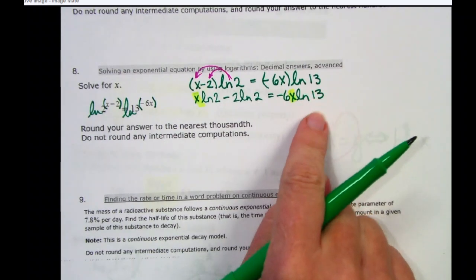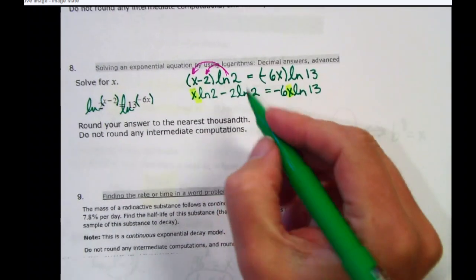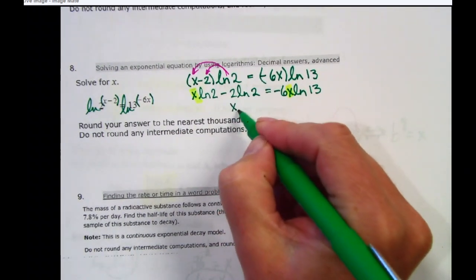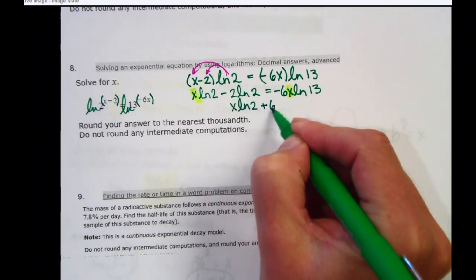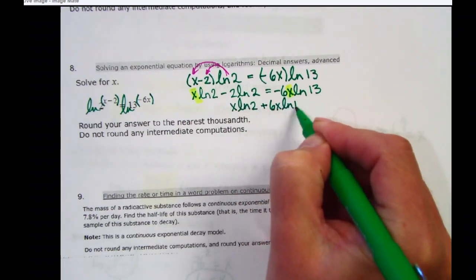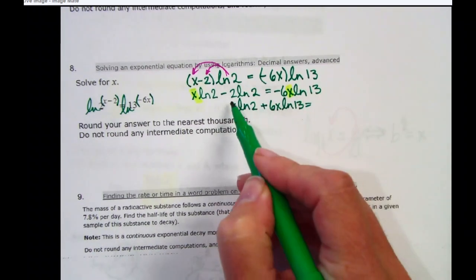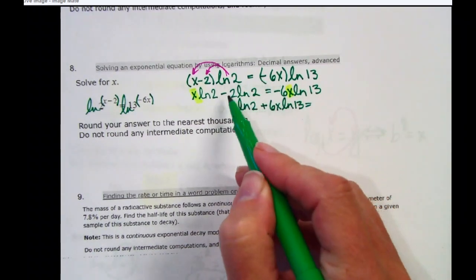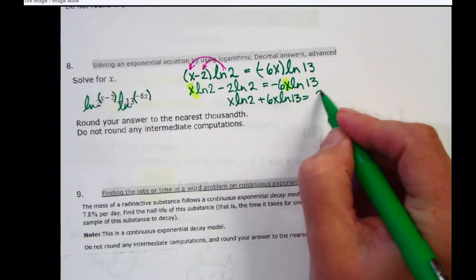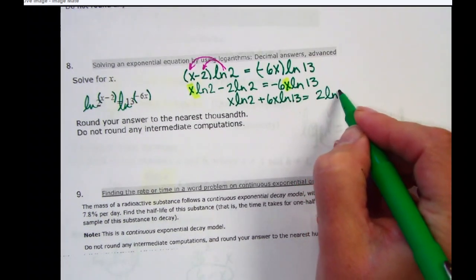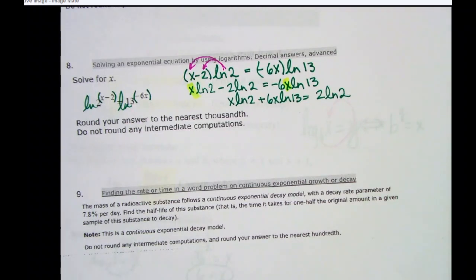I'm going to choose to move this over here just because I want it positive. x ln of 2 plus 6x ln of 13, which means I'm going to move this one to the other side. 2 natural log of 2. Questions with how I got there?